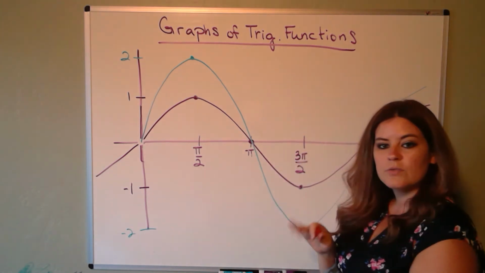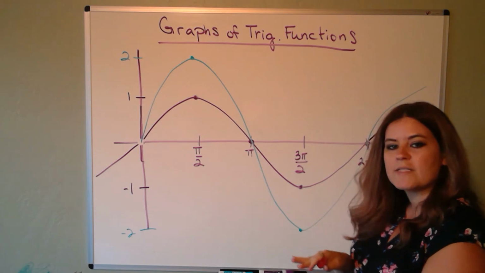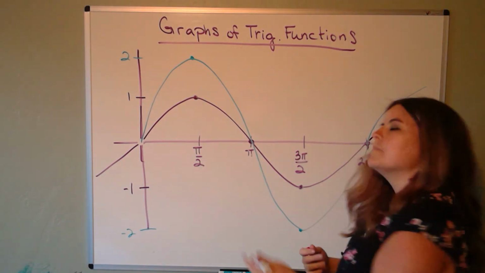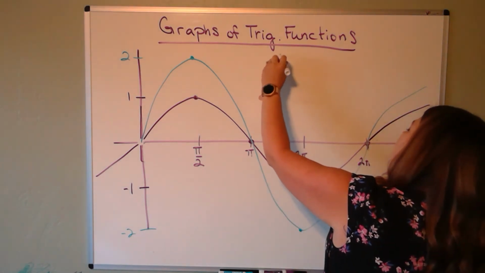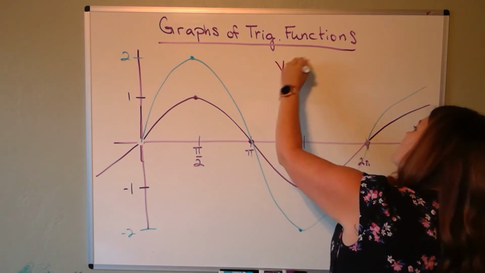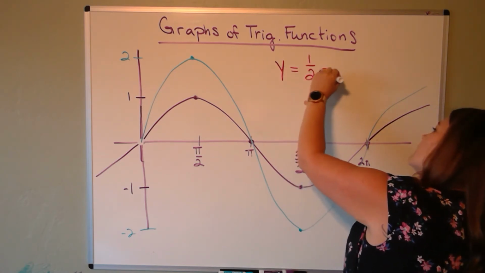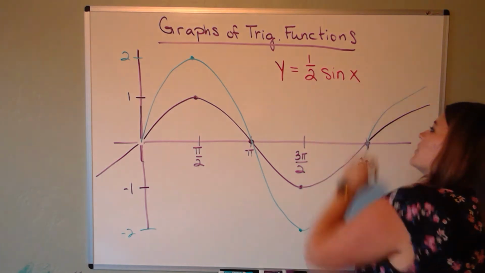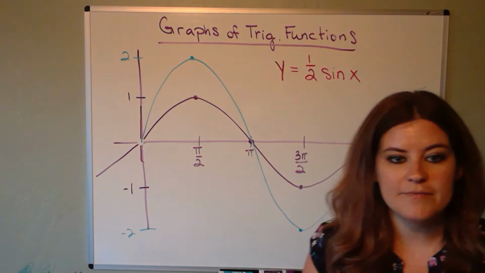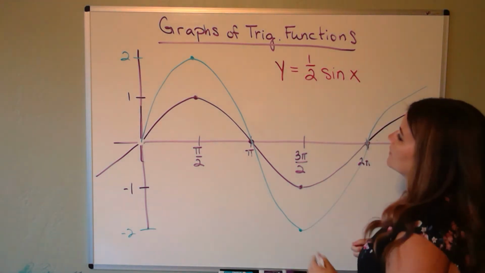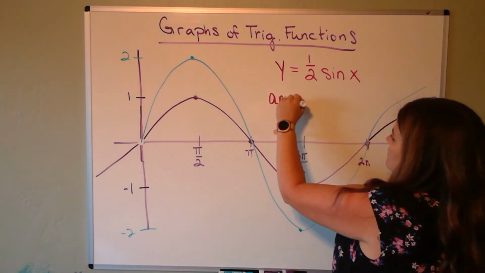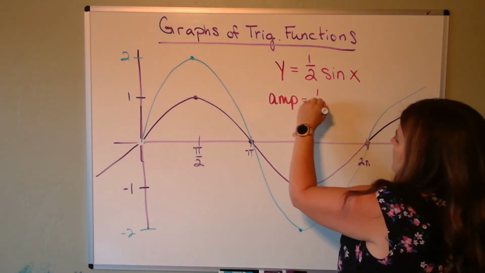What if I want to, instead of stretch it, compress it? What if I want to push it together? I can do that with a fraction. So what if I want to graph y equals 1/2 sine x? Well, my amplitude is just 1/2 now.